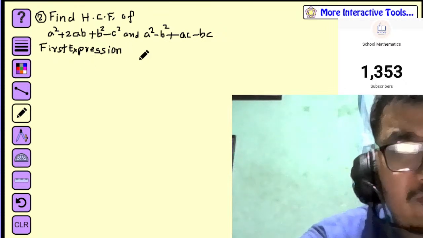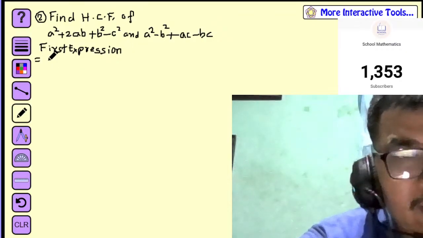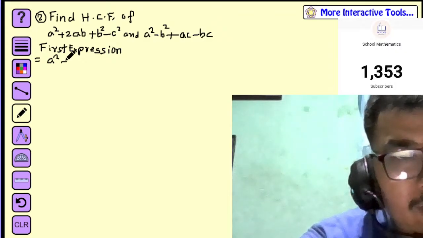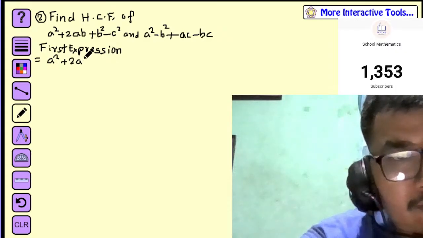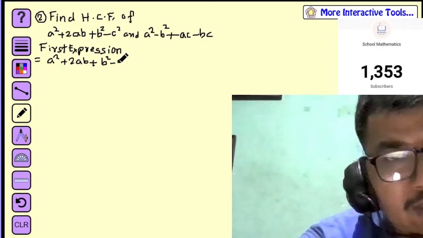In this first expression, let's see what is given: a square, right, plus 2ab, and next there is given b square, right, and minus c square next, okay.